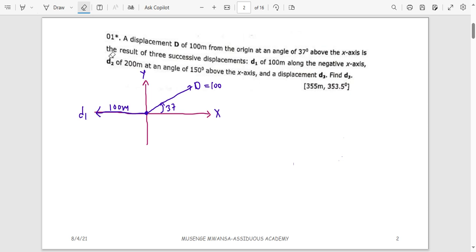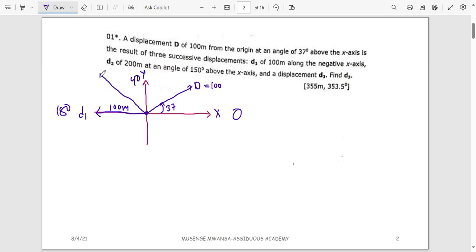And then D2, they've told us that it is 200 meters at an angle of 150 above the x-axis. So you need to find the angle of 150 above the x-axis. Now, please, it's not like you come with a protractor and start measuring the angle. No. You know that this is 0 degrees, this is 90 degrees, this is 180 degrees. Obviously, 150 is going to be between 90 and 180.